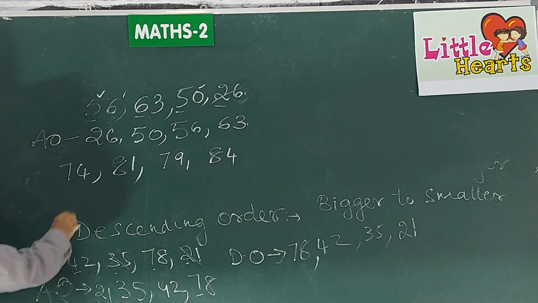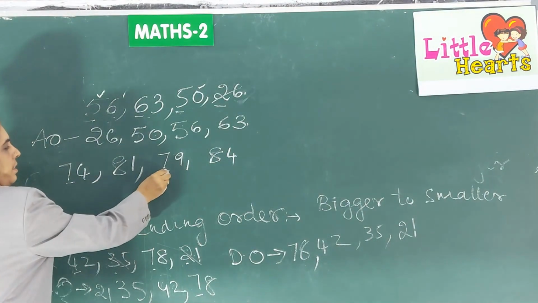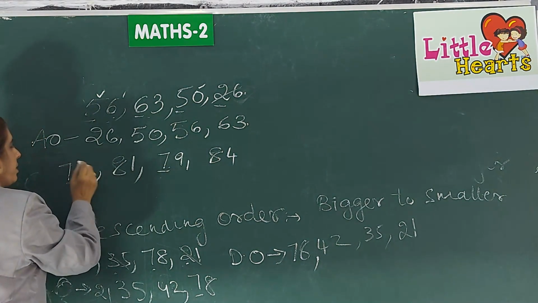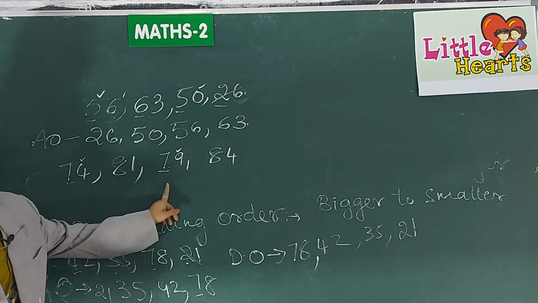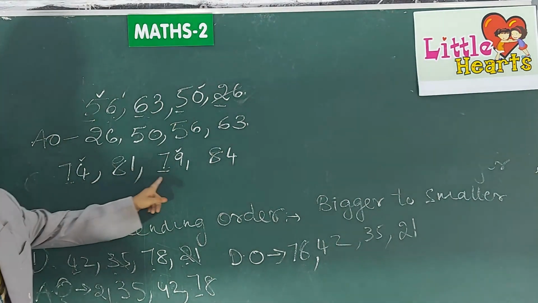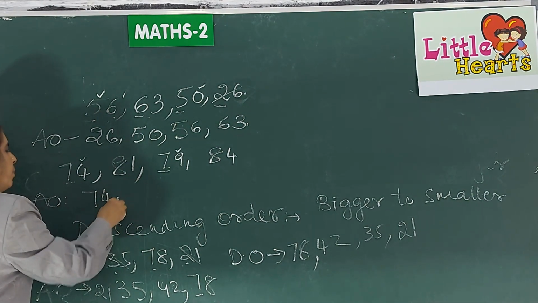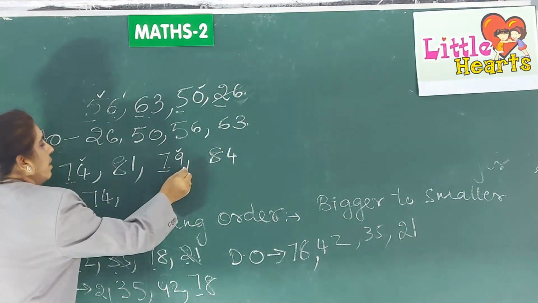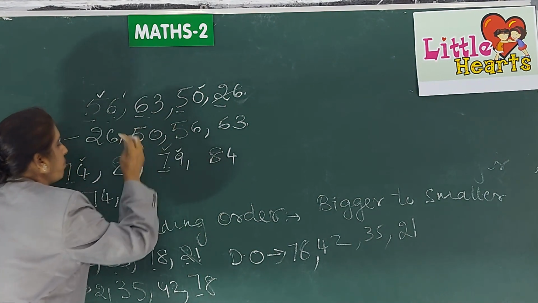In this, two numbers have 7 in the tens place. So check with the ones place digit. 4 and 9. Which comes first? 4. 4 is smaller than 9. So write 74. Among those, 81, 79, 84. 7 is smaller.